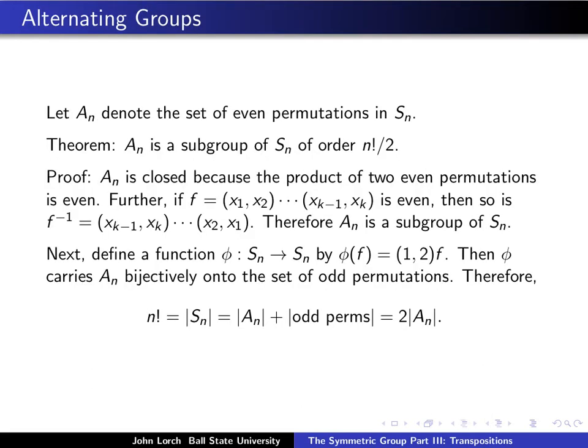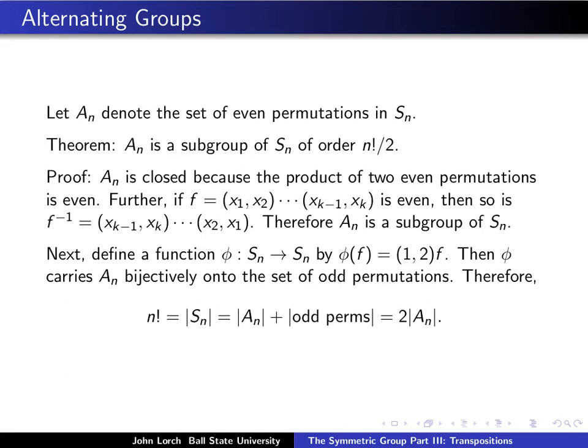So we can use even permutations to define a class of important subgroups of the symmetric groups. If we let A sub n just be the collection of even permutations in S sub n, then this A sub n is actually a subgroup of S sub n, and it has order n factorial over 2.